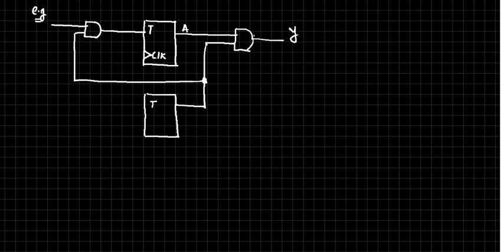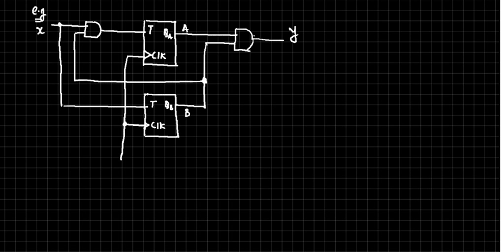Let this be A, B, QA, B, X. Let this be X. There is only one input here, and the clock. We assume that both of the flip-flops get triggered by the same clock. Okay, that's important. Okay, let's try.